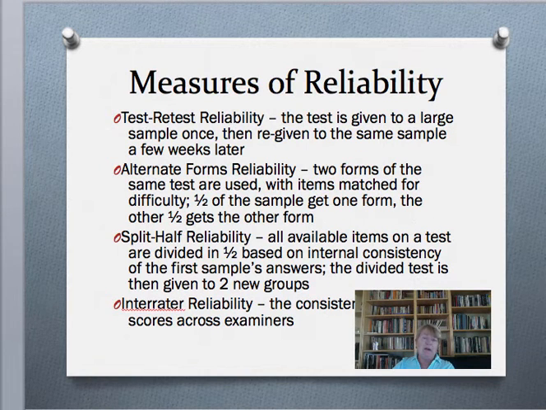So when there are items that can be scored differently by different examiners, there's not an absolute answer, then we want to look at the consistency of scores across examiners. How closely do you and I score the same test? Another example that's probably a little bit easier to understand would be if I give you short answer questions on my midterm versus multiple choice questions.